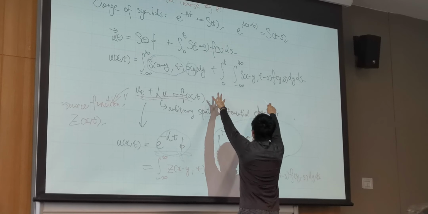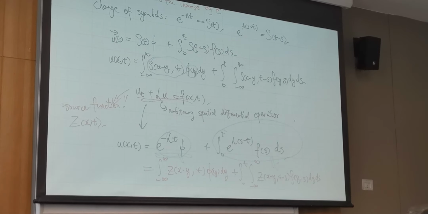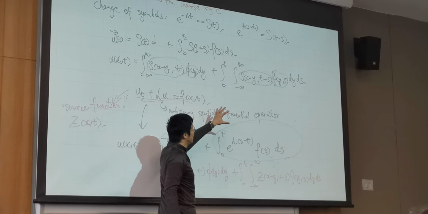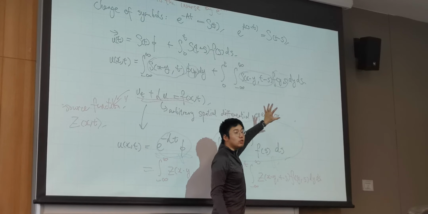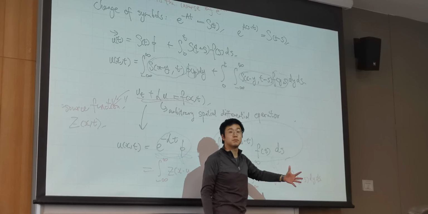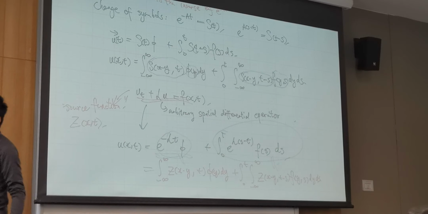And the second term consists of three things. First of all, f, which is a source that comes in time. Second, what will happen to these sources, how the inner dynamics evolve these sources in time. Then the third part is the integration.